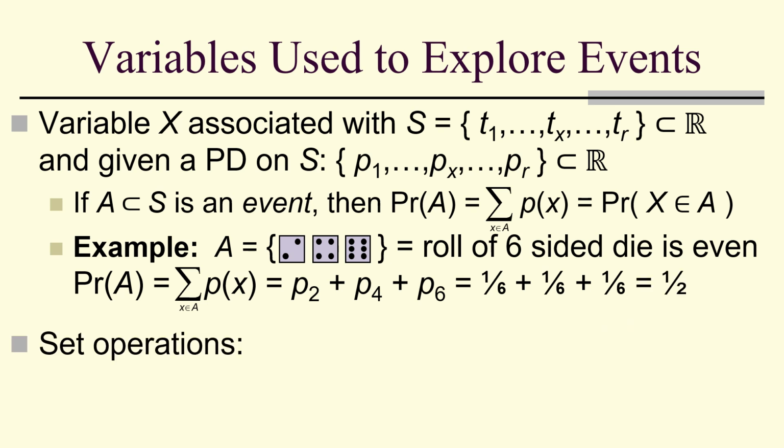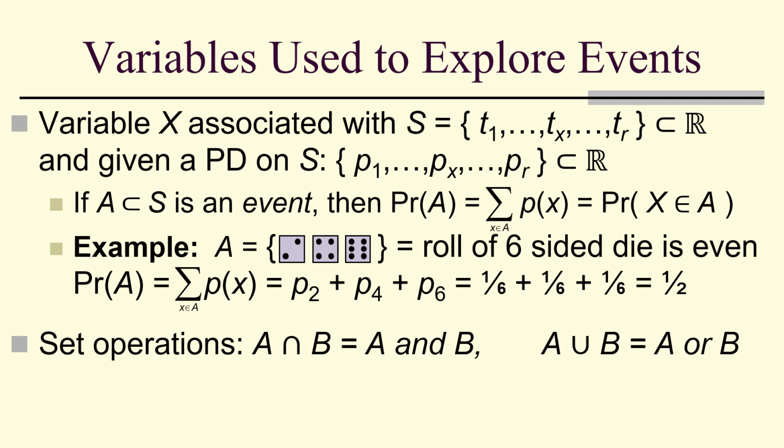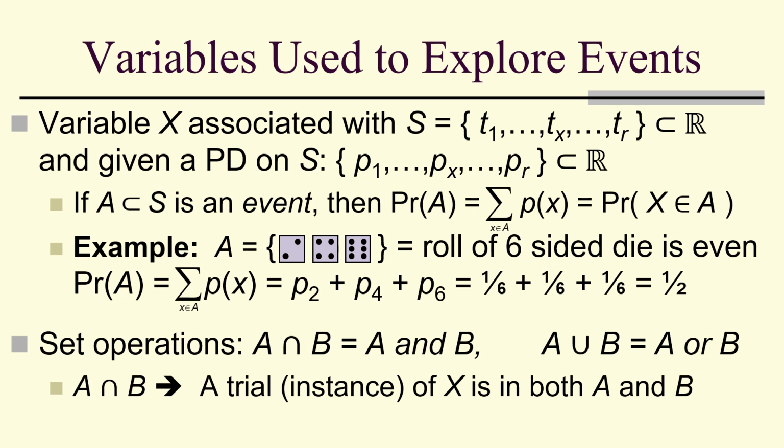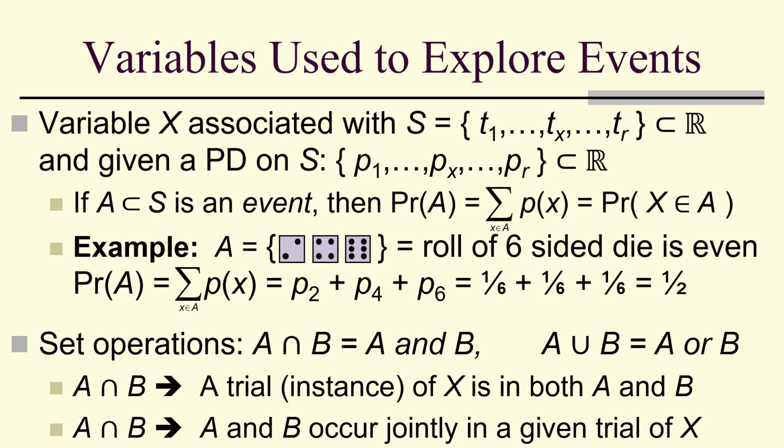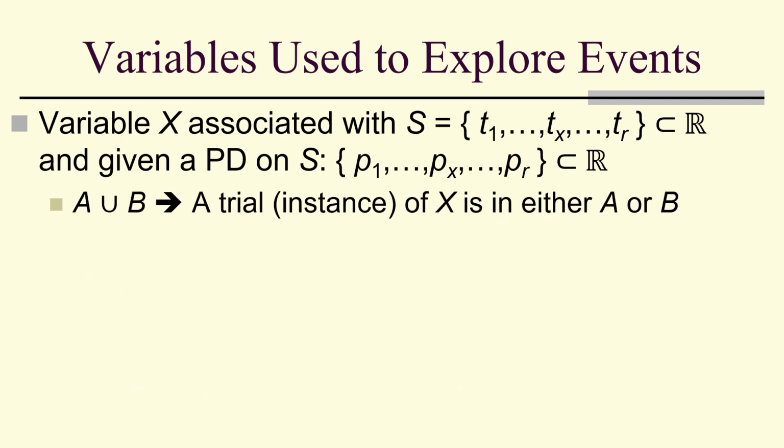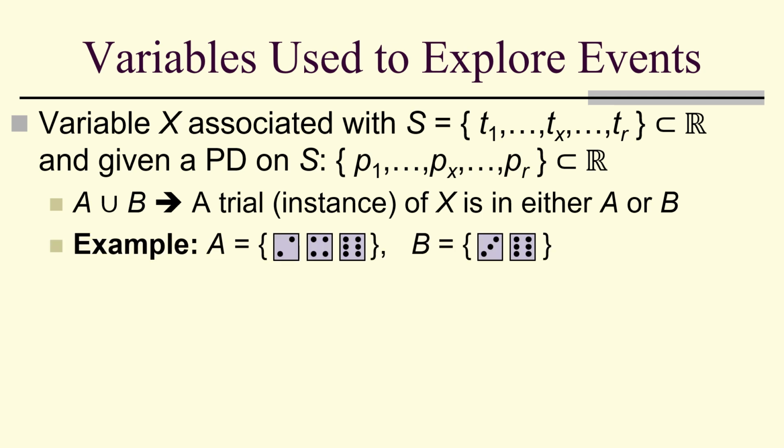We can have set operations. A intersect B is A and B. A union B is A or B. By A intersect B, we mean a trial or instance of X is in both A and B, or we can restate that A and B occur jointly in a given trial of X. A union B is when a trial or instance of X is in either A or B. So let's look at some examples.